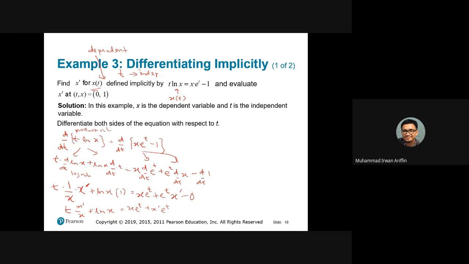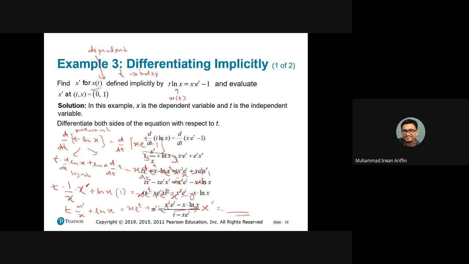What's next? You have to work on this, rearrange this until you can get x prime on one side, while the others are put on the other side. So let's just try to collect terms here.